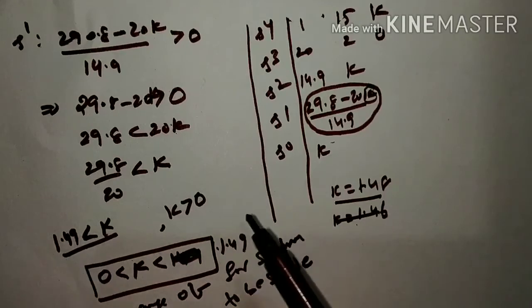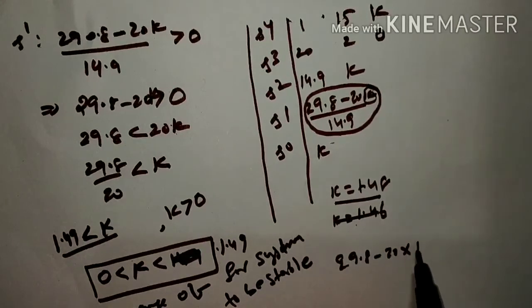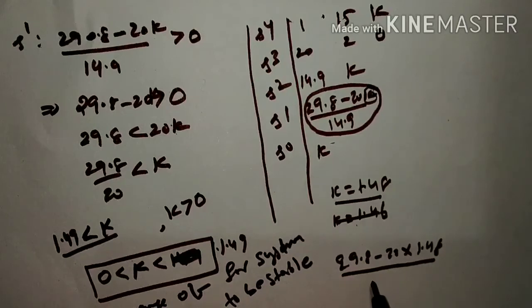I will take one value to test it, 1.48. If you substitute k equal to 1.48, see here: 29.8, 20 into k value, 1.48, by 1.49. So we will calculate how much you will get.